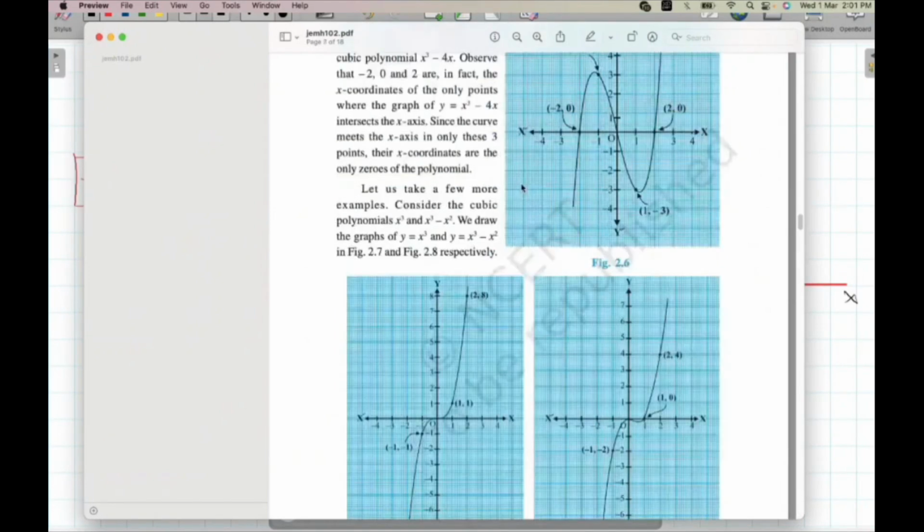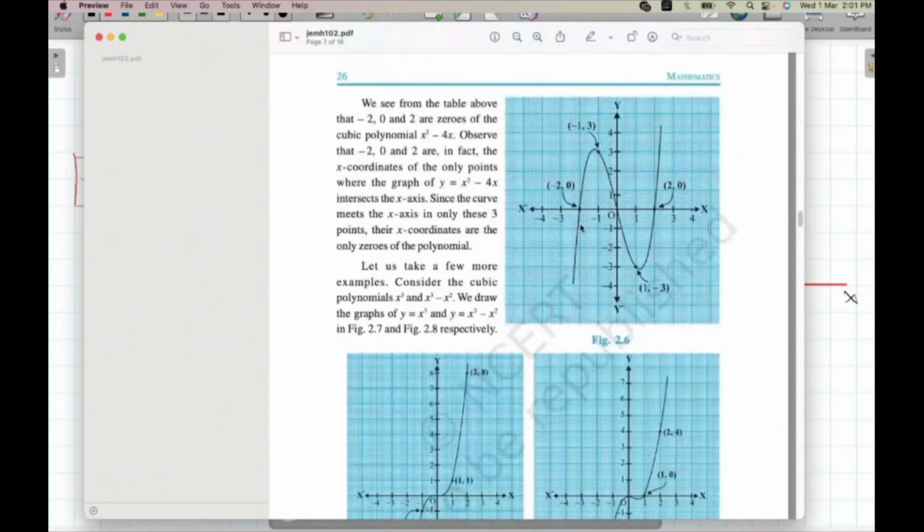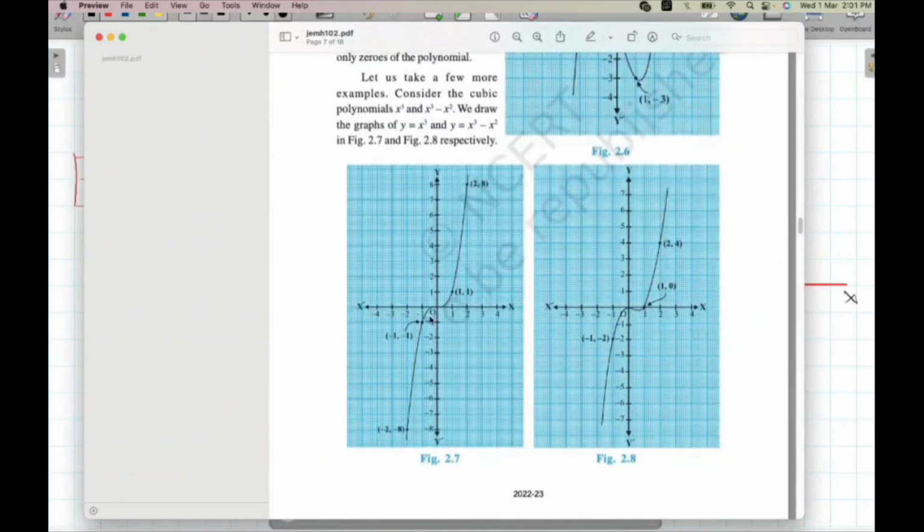Similarly, in all these graphs, as many times as it cuts, there will be that many zeros. So here there will be 1, 2, 3 zeros. Here we'll have to see whether this is going to cut at 1 point or many points. This is actually 1 because it's only going to touch once and then leave. So only at 0 it is happening.